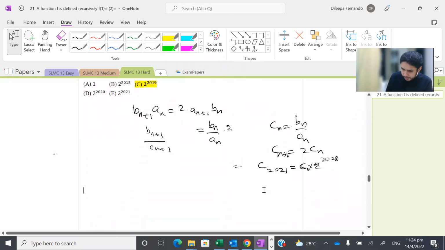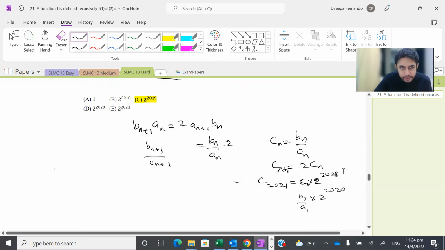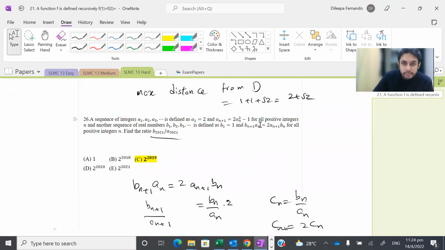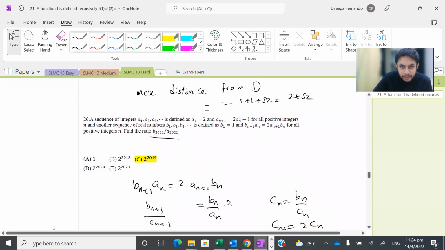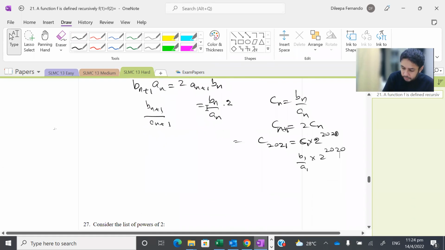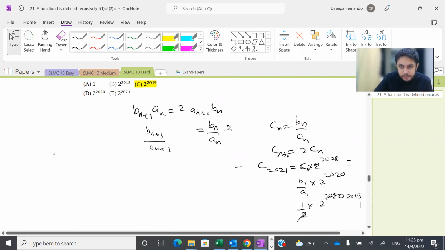So what is C1? B1 over A1. What is B1? B1 is 1 and A1 is 2. So the answer is 2 to the power 2090.